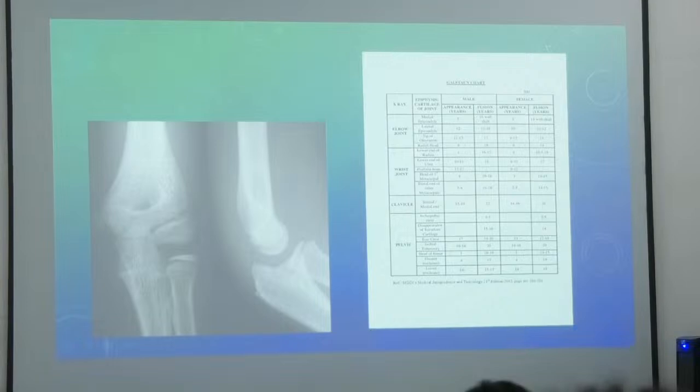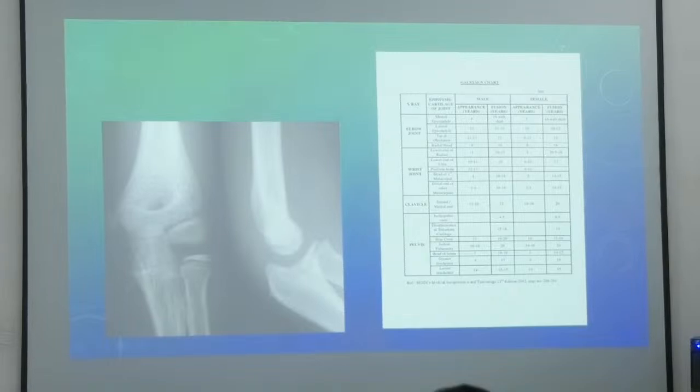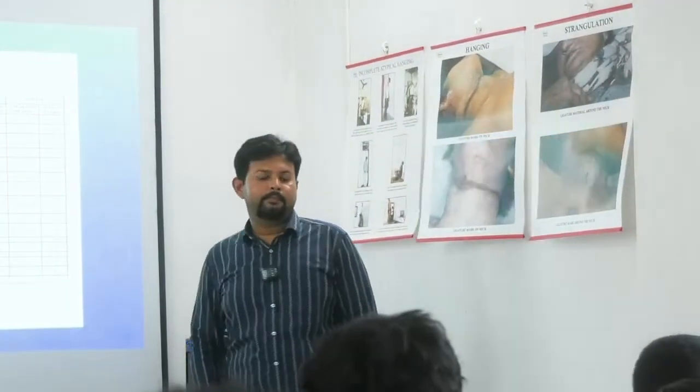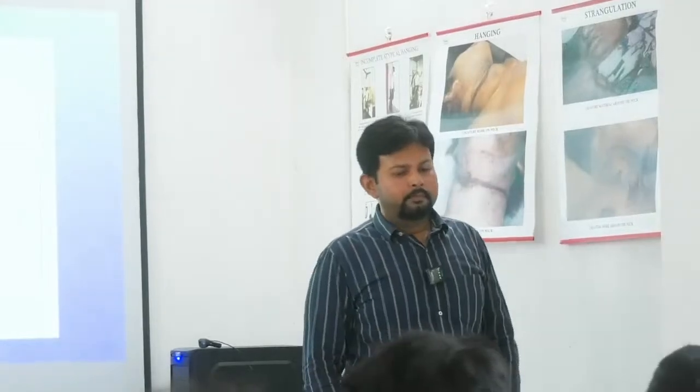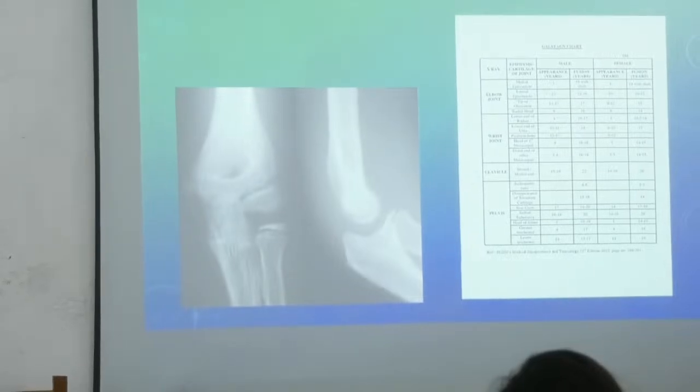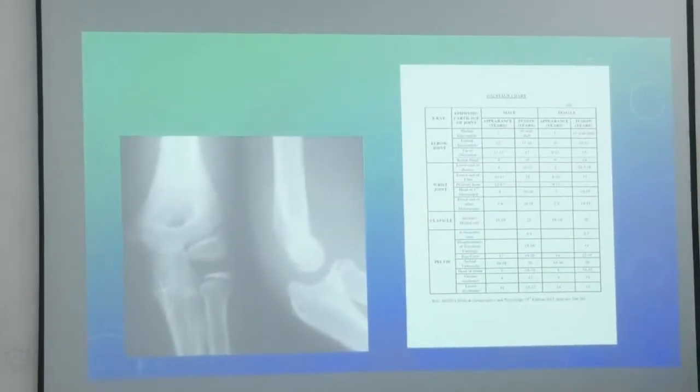So this is a skiagram of the left elbow joint in anterior, posterior and lateral views. Assume right, right female. In the X-ray when we examine, there might be R or L written there.